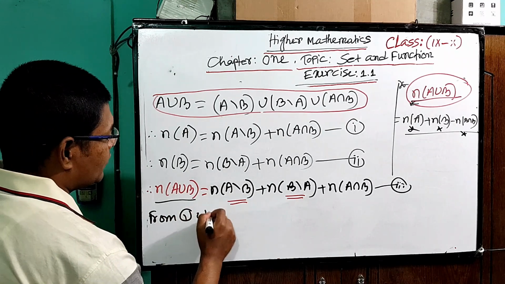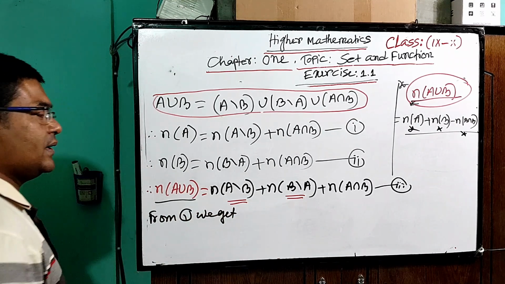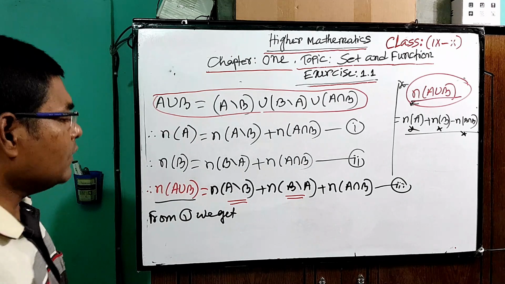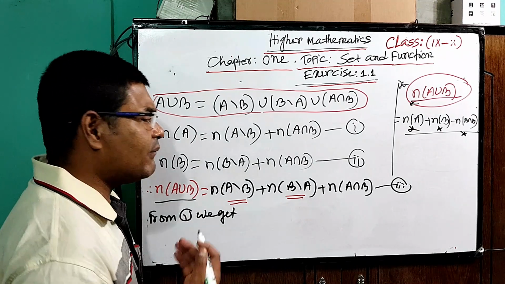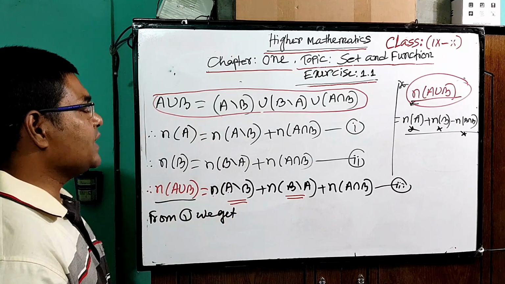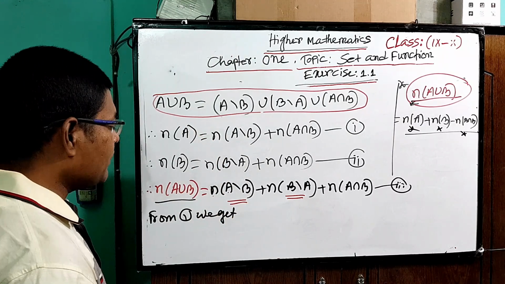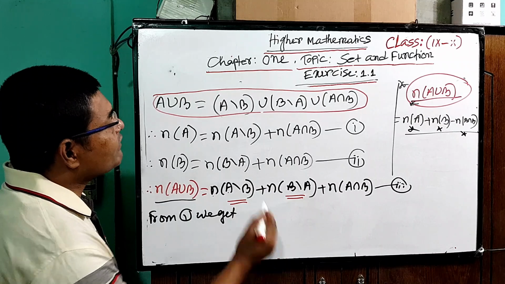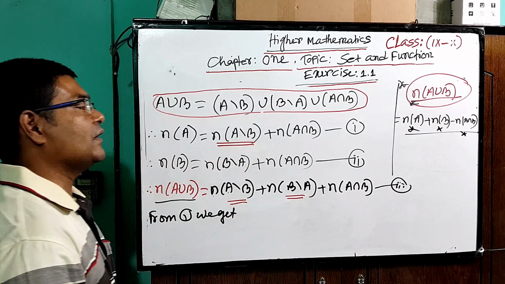From 1 we get. What do we have to do? We have to find the value of n of A difference of B. So n of A difference of B is here.